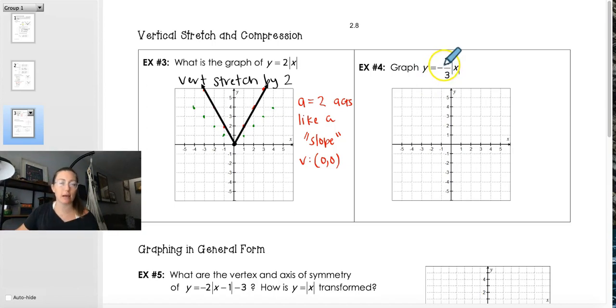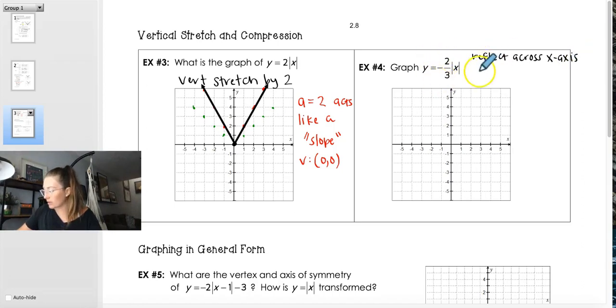Okay, so let's talk about this. A reflection on the outside. This is going to be the most common one you see in my class, reflections on the outside. Everything on the outside is vertical, so it's going to reflect vertically, or reflect across the x-axis. So this has a reflection across the x-axis.